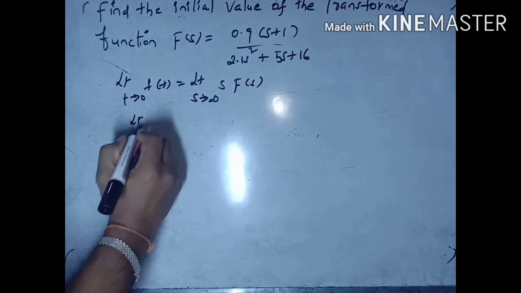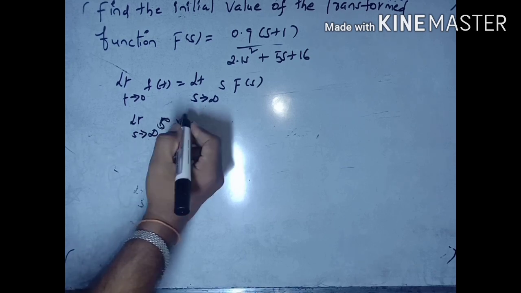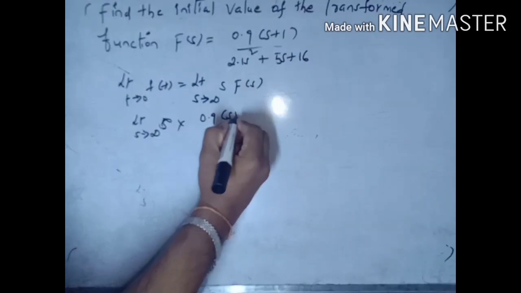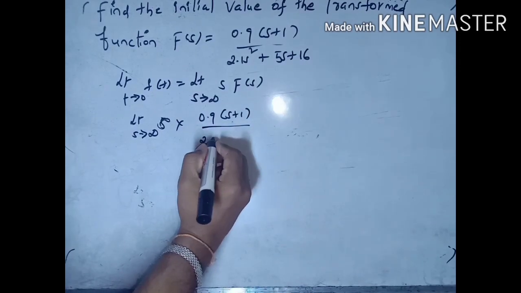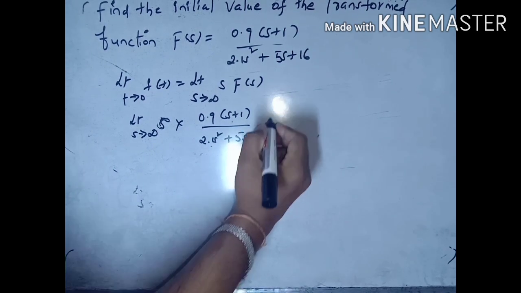So limit s tends to infinity s into this f of s value, we will write 0.9 into s plus 1 by 2.1 s square plus 5s plus 16.